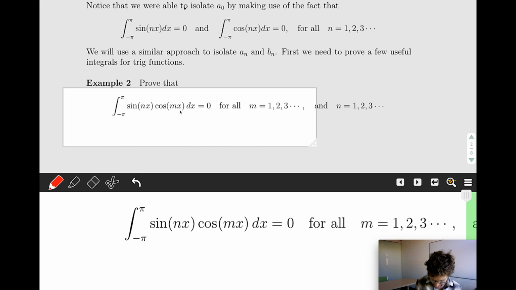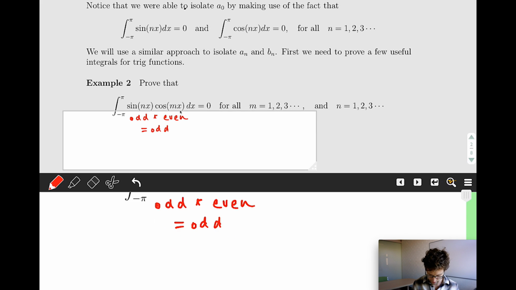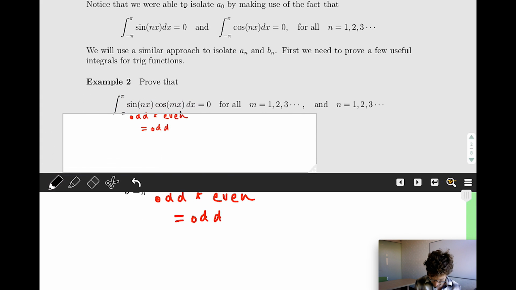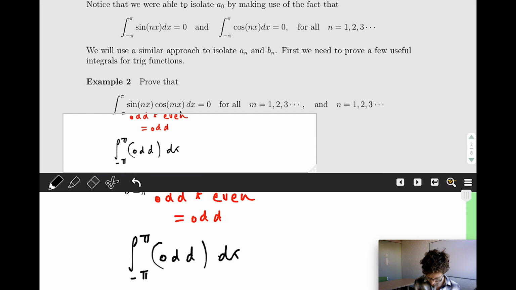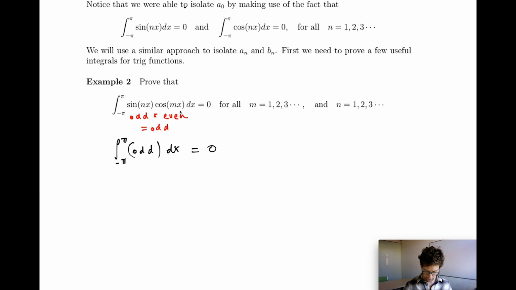So sine nx is odd, and cosine is even. So I get the integral of an odd function, which of course is equal to 0. So the integral from minus pi to pi of an odd function is equal to 0. So that one's not too tough.